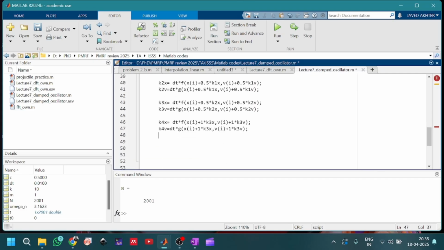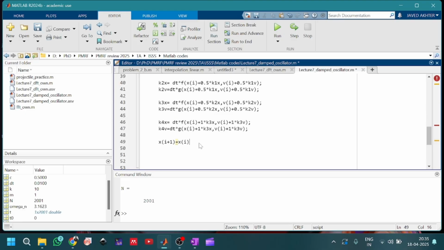Okay, so we have calculated all the vectors for this RK4. After that, we have to update our x value and v value for the next loop. So what is the update rule? xi plus 1 should be equal to xi plus dt divided by 6. Because dt you have already put in all of this, so we don't have to worry about it.